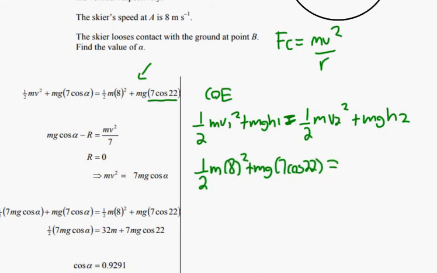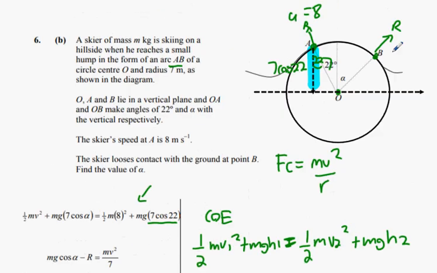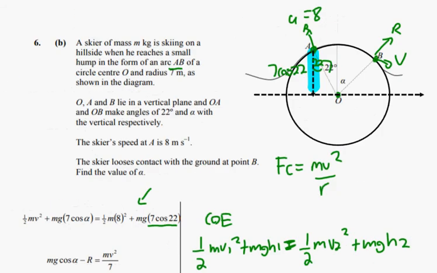Now the next thing you're looking at is your second one. It's going at speed v here. That's no bother, so it's just a half mv squared. Now what is your second height? You want to get this line here, call it the second blue line. That would make alpha this one here by alternate angles.